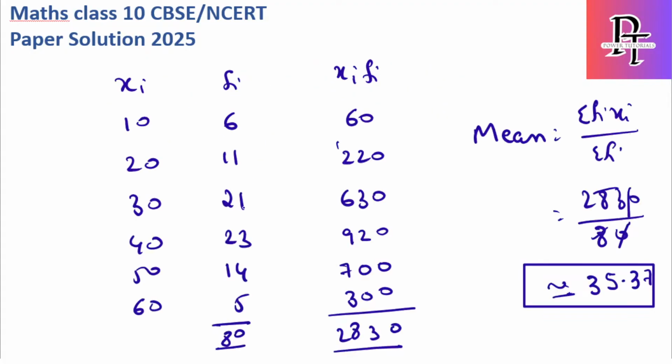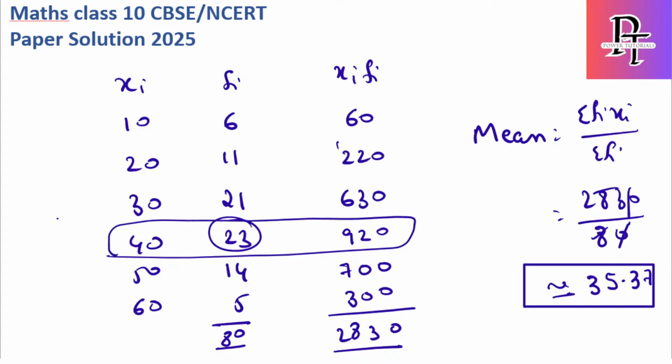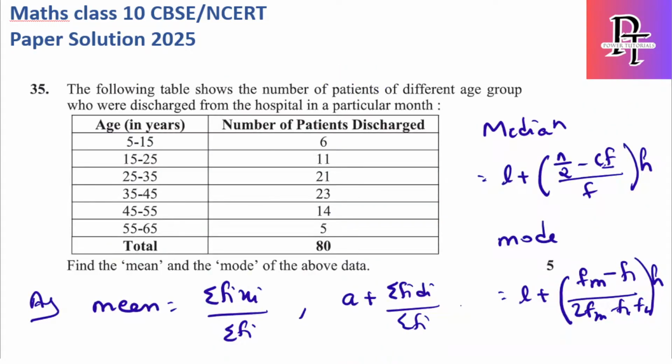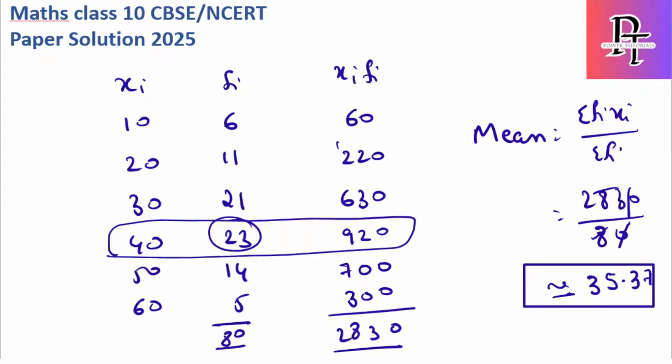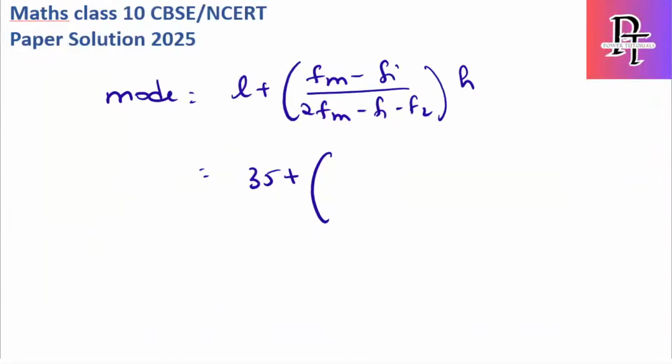The highest frequency here is 23, so this is the modal class. L is 35, since the class is 35 to 45. The frequency of the modal class is 23.